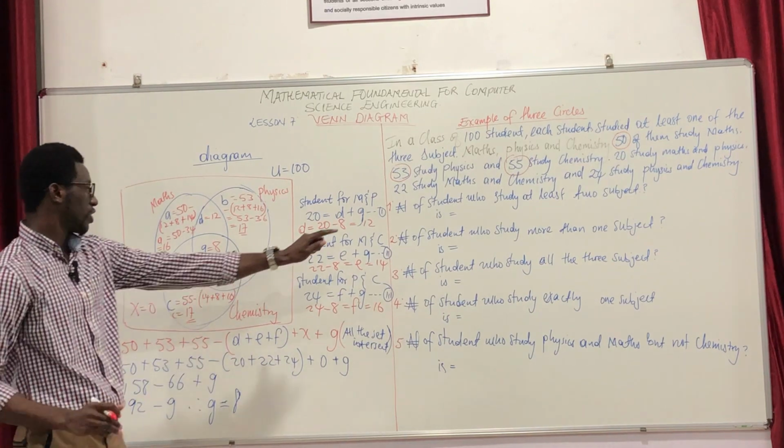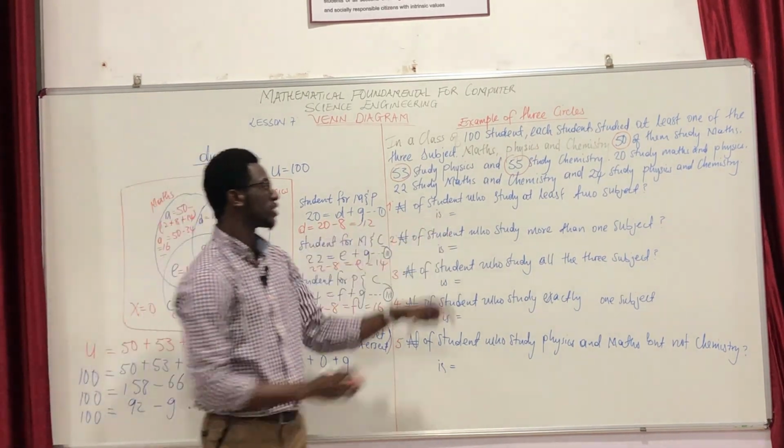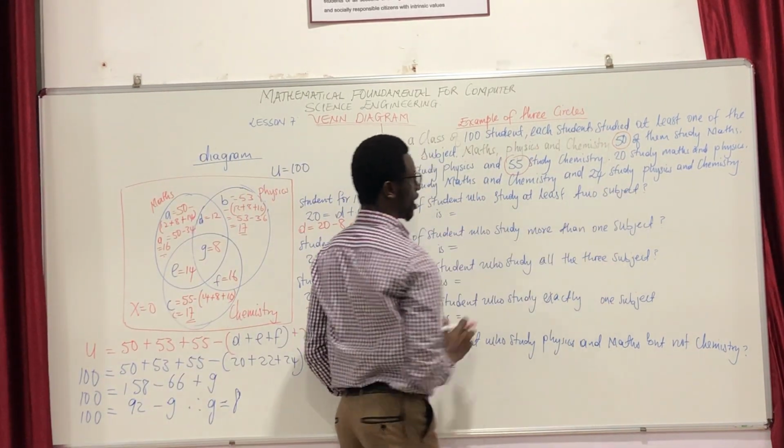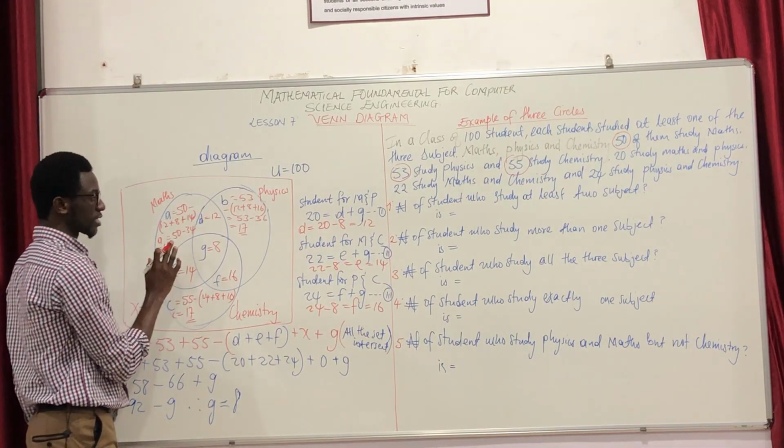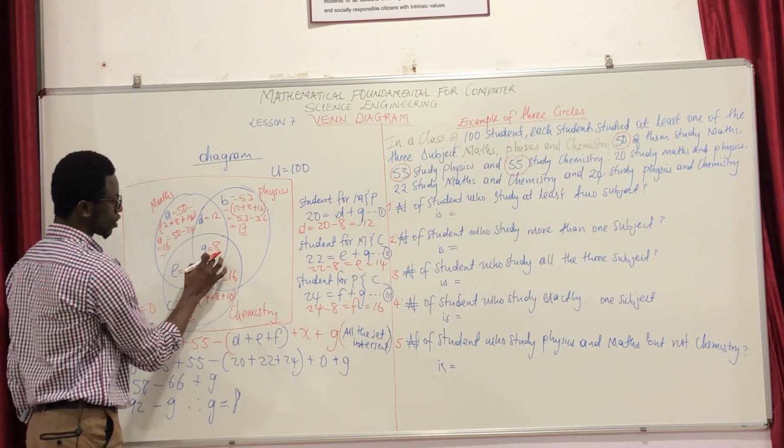So the first question here says, number of students who study at least 2 subjects. So the number of students who study at least 2 subjects, so start from 2 to 3.